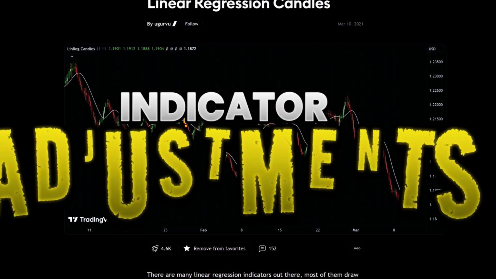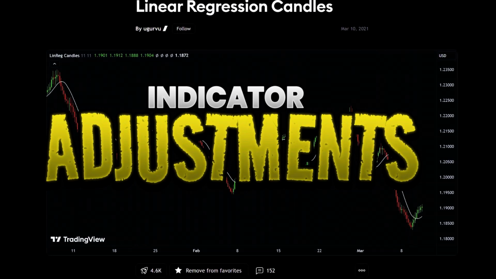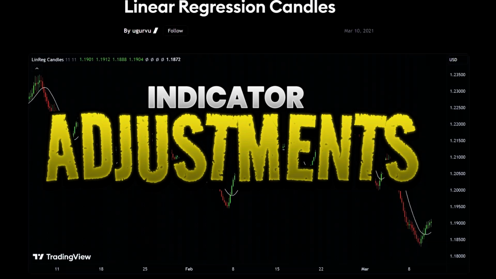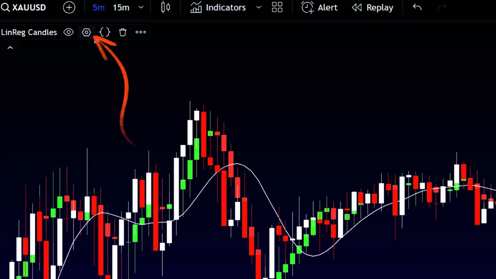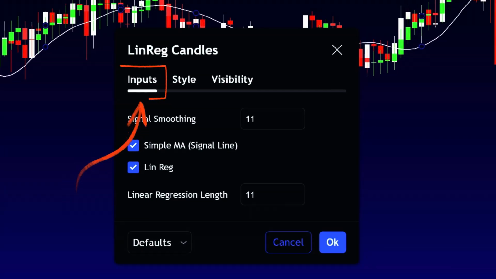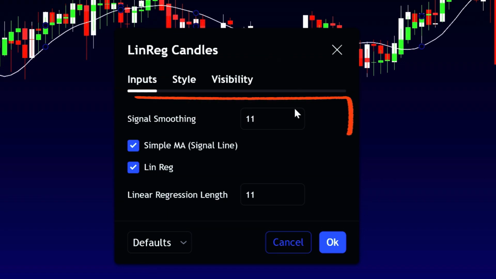To optimize the indicator for our strategy, we'll need to adjust a couple of settings, but it's a total breeze. In the input section of the settings window, just set the signal smoothing to 14.